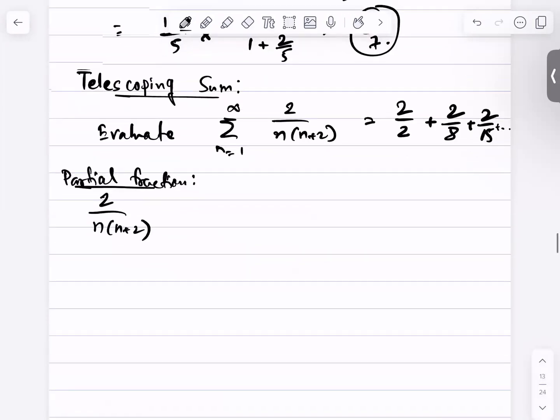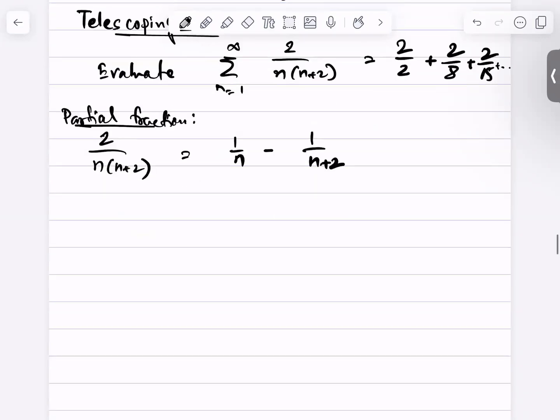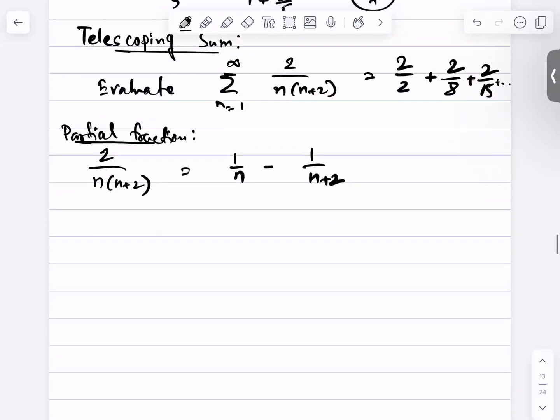So to evaluate the sum, we can use the partial fractions that we have learned in integration. If you do the same thing, this 2 over n times n plus 2 can be written as 1 over n minus 1 over n plus 2. Okay, you can check it.